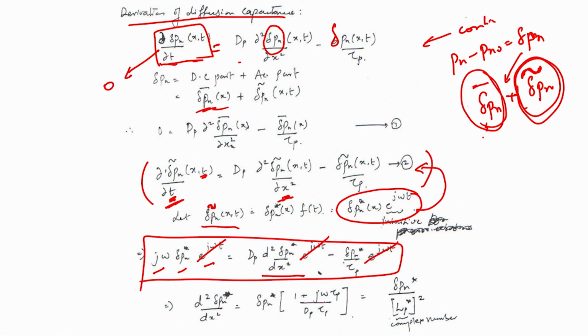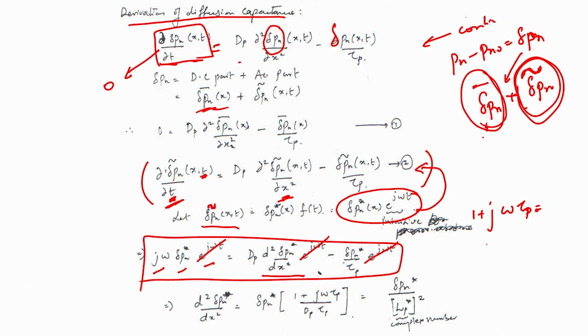It is 1 plus j omega tau p by Dp tau p. It is a complex number, but just think about it a little. Omega tau p is a dimensionless term, and 1 plus j omega tau p is some complex number that has got no dimensions. So we will just say it is some complex number.